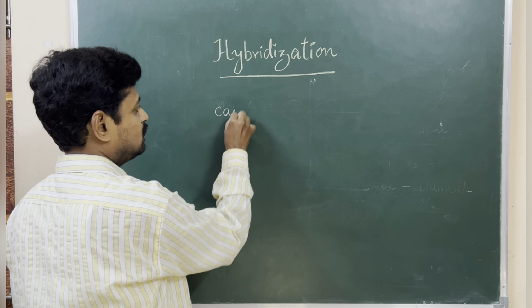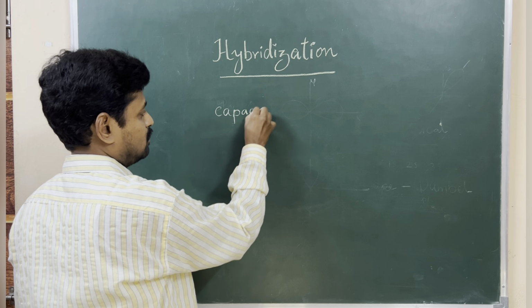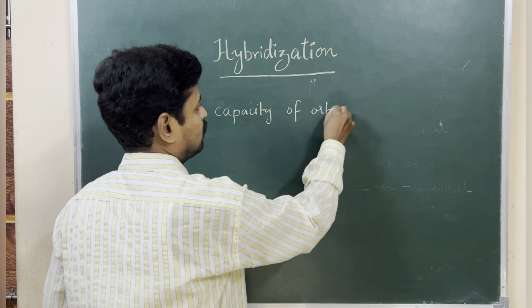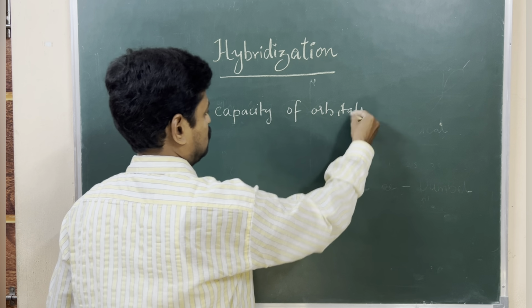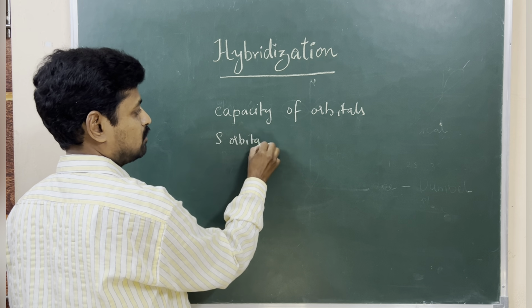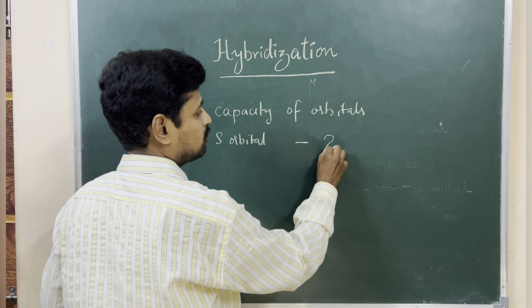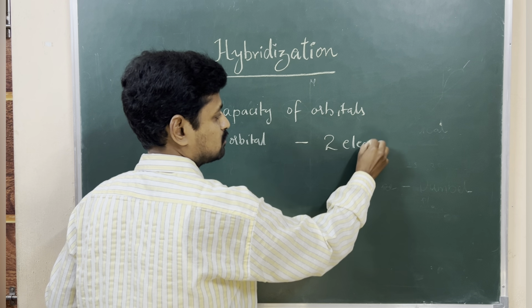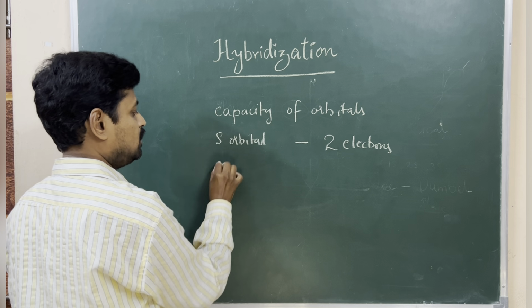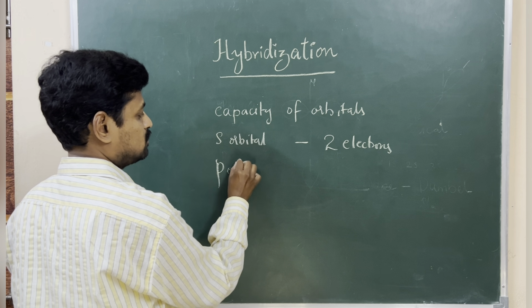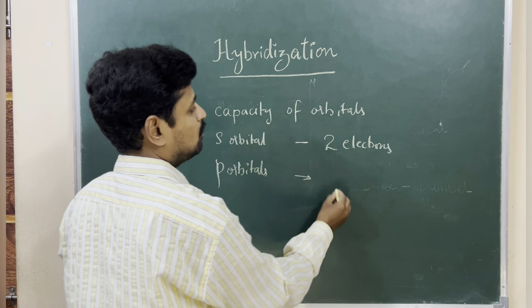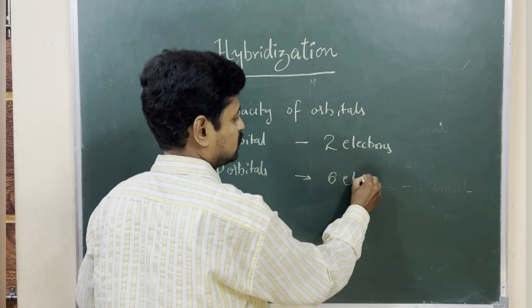Now the capacity of orbitals. The s orbital will have a maximum of 2 electrons. P orbitals have a maximum of 6 electrons.